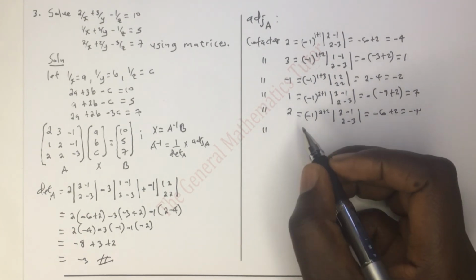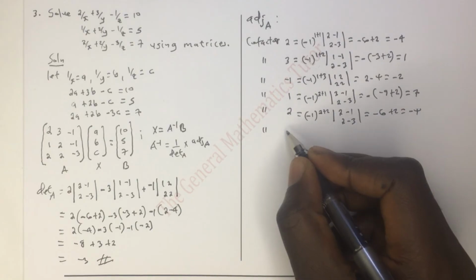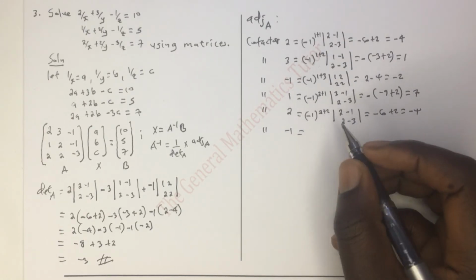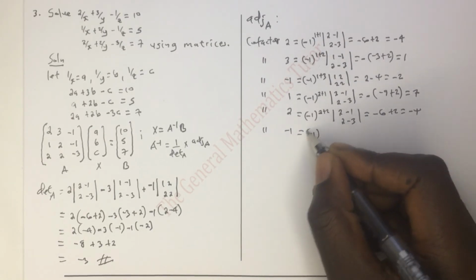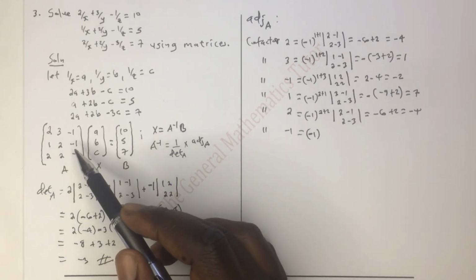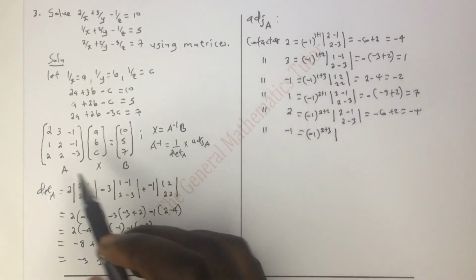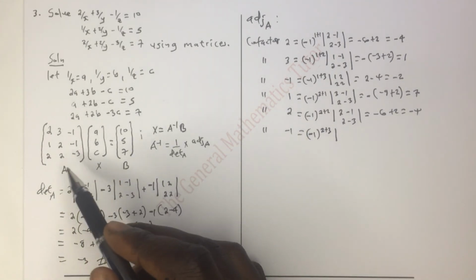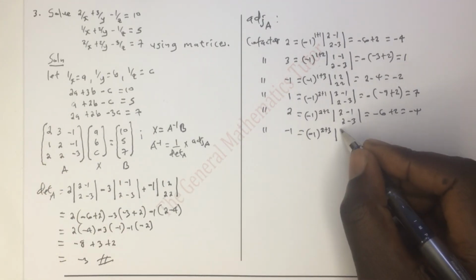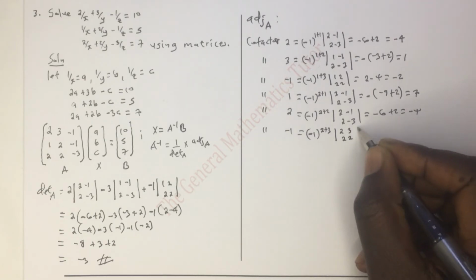Then the cofactor of the next element is negative 1. So negative 1 is in row 2, column 3. Cover its row and column, you're left with 2, 3, 2, 2.